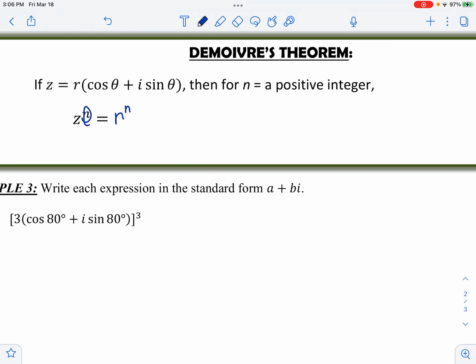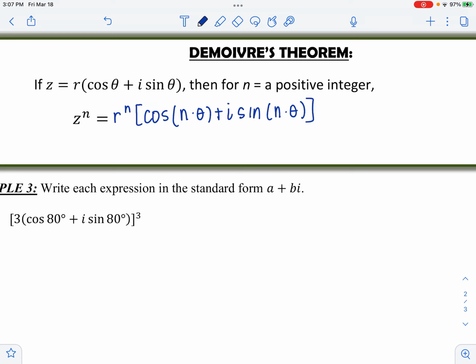I'm going to say nth power, because that's the power we bring it to. Then you do cosine of, and you multiply theta by the n value, multiplying it by the exponent. So you do n times theta plus i sine of n times theta.